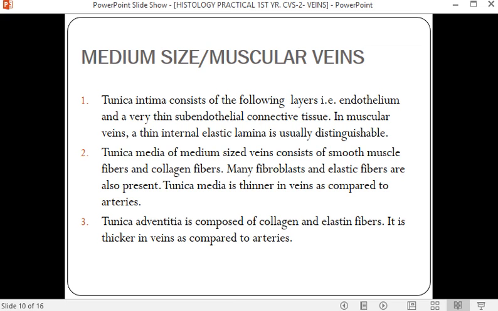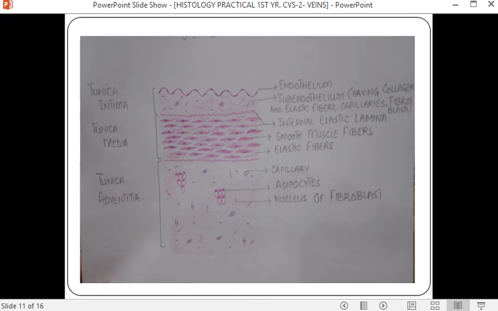Many fibroblasts and elastic fibers are also present, and tunica media is thinner in veins as compared to that of arteries. Tunica adventitia is composed of collagen fibers and elastic fibers, plus fibroblasts and capillaries, but the tunica adventitia of veins is thicker as compared to that of arteries.